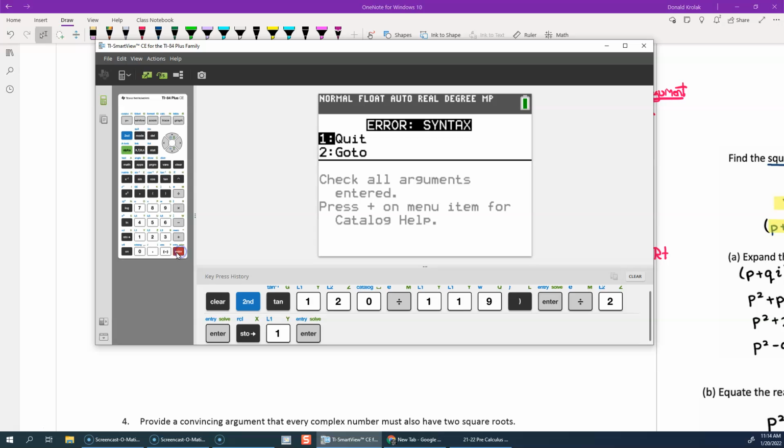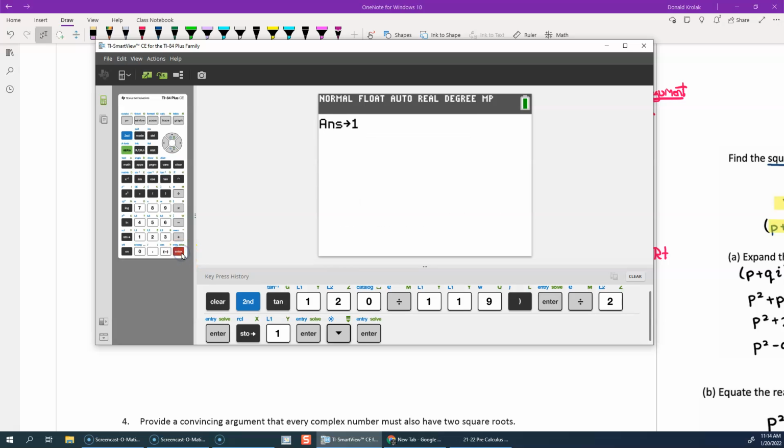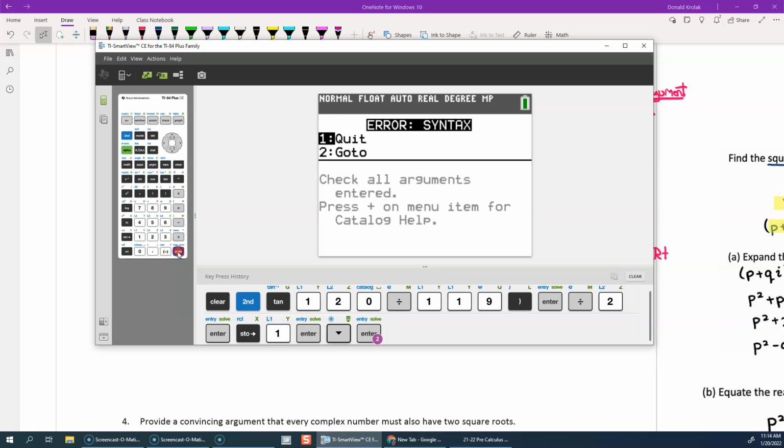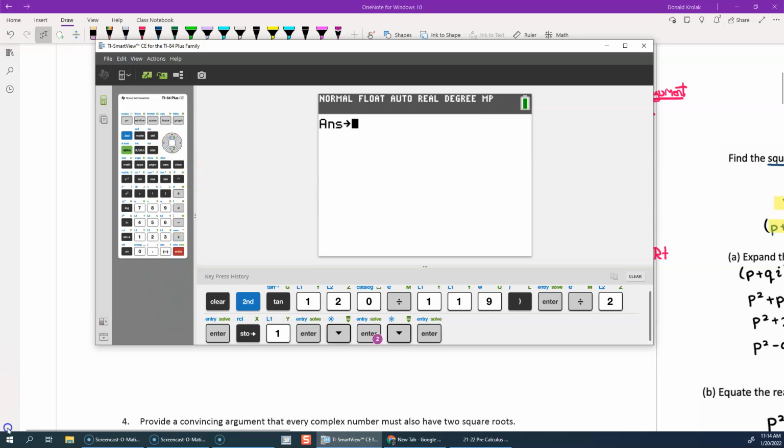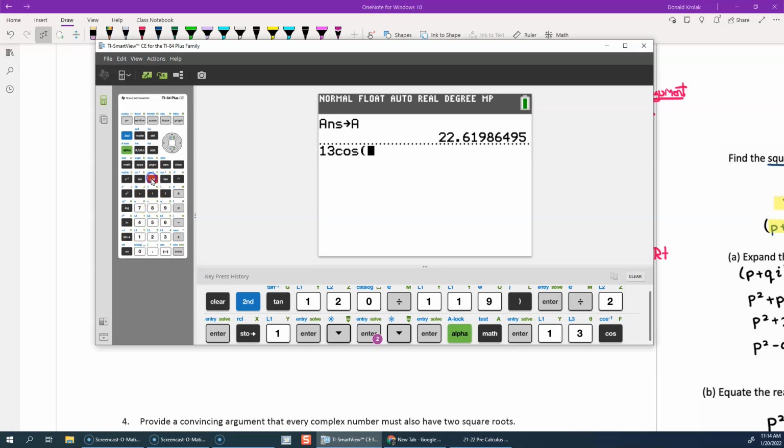So it just stores it in a drawer 1. Enter. So I'm going to go 13 times the cosine of this number, 22.62.